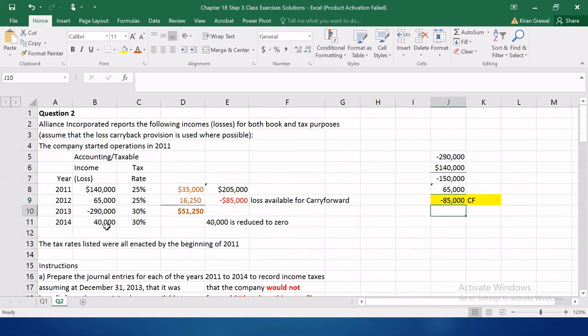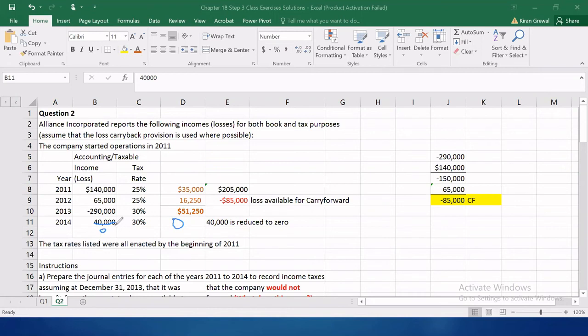So now we get to 2014. We have income of 40,000. We do have an $85,000 loss available. We have income of 40,000, so we can definitely use this 85,000 to get rid of all of this income. Okay. So we're going to get rid of all of this income, which means we pay 0 taxes.